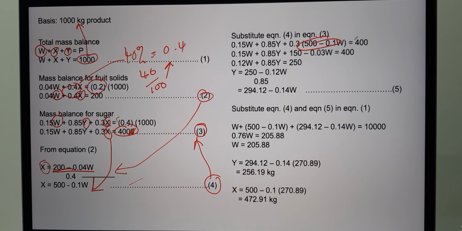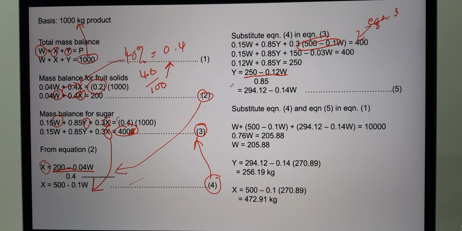Basically this is from equation 3, but we replace X with the value from equation number 4. Okay, so simplify this equation. Then you will get Y equals 294.12 minus 0.14W. This one is equation number 5.